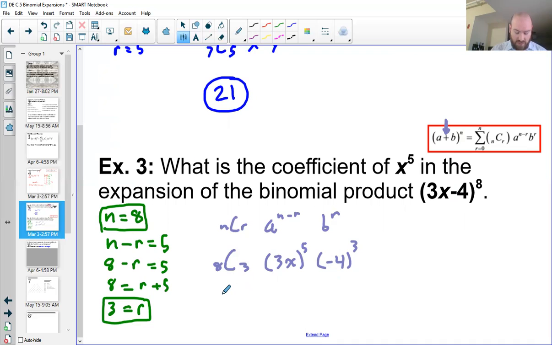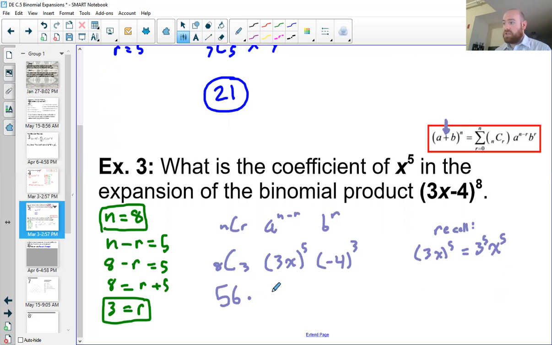8 choose 3 is 56. Recall that if we have 3 times x to the 5th power, that's equal to 3 to the 5th power times x to the 5th power.